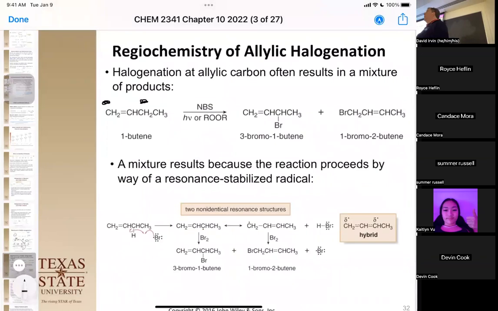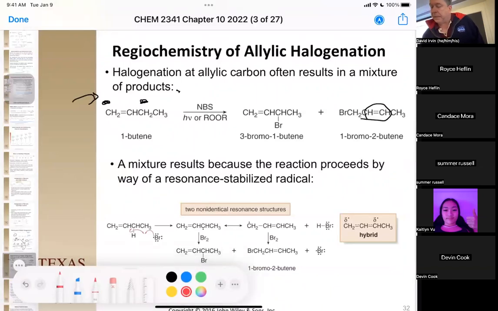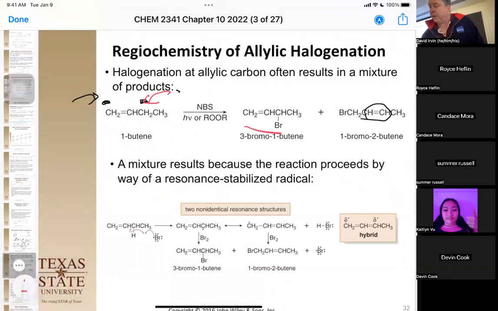Okay, and when the radical reacts with bromine, the double bond is now trapped in whatever location it was in that side. So if it attacks here, we end up with a double bond on the inside of the molecule. If it attacks here, we end up with the double bond on the end of the molecule.